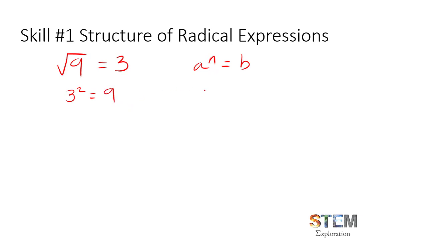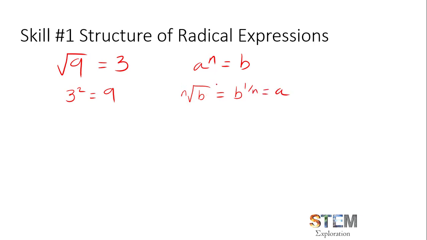So whenever we're looking at this, the inverse operation for a to the nth power equals b would simply be the idea that the nth root of b, which can also be viewed as b to the 1 over nth power, is equal to a.